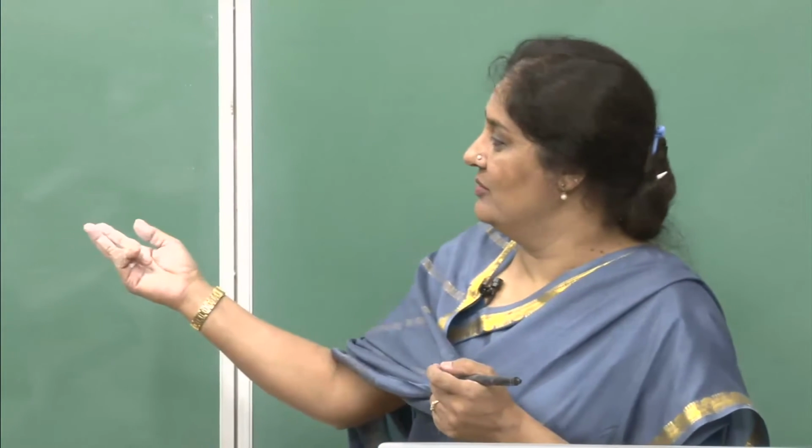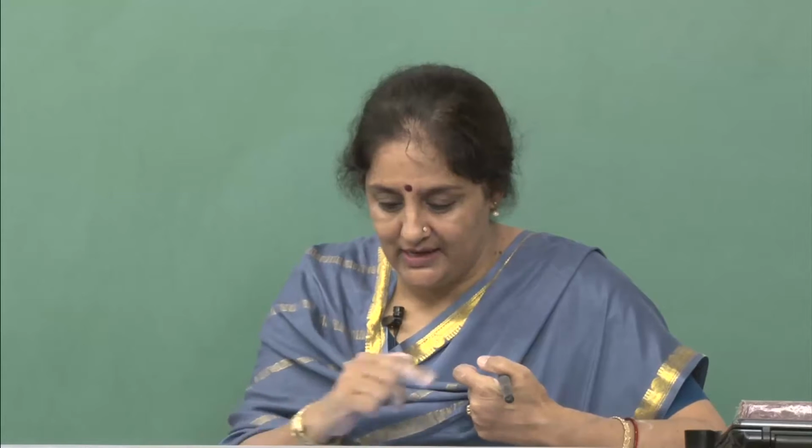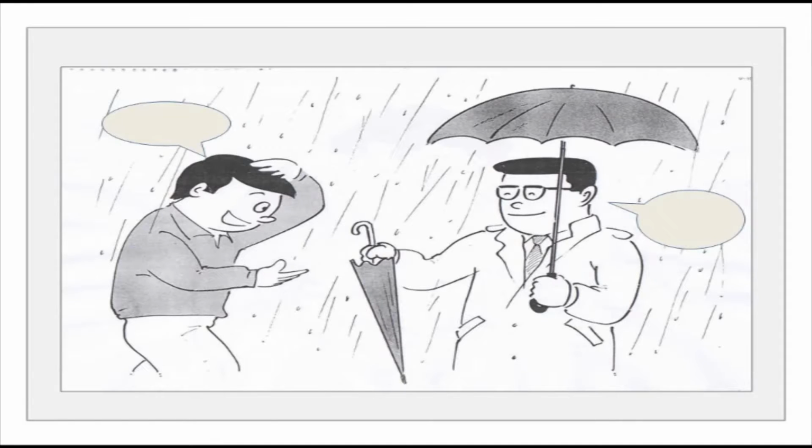Then if you are in a formal situation, you haven't met the person, well, domo arigato. And in a very, very formal situation to people who are very senior to you, well, domo arigato gozaimasu. And because it is raining and he has an umbrella already, thus dozo.